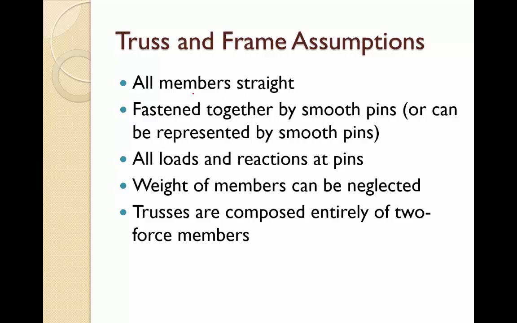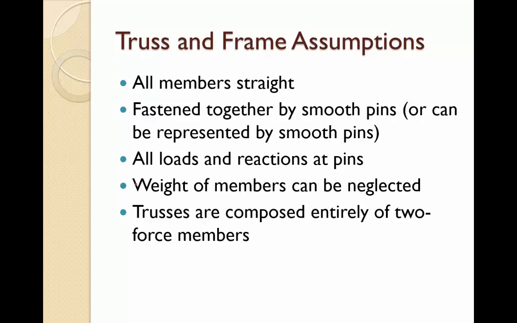Before I go into the procedure, we need to talk about the assumptions. The first assumption for this particular method is that all the members are straight. The second is that they're fastened together by smooth pins, or that the joint locations can be represented by smooth pins. An example of that would be a gusset plate. Third assumption is that all loads and reactions occur at the pins, at the points of connection between each member.